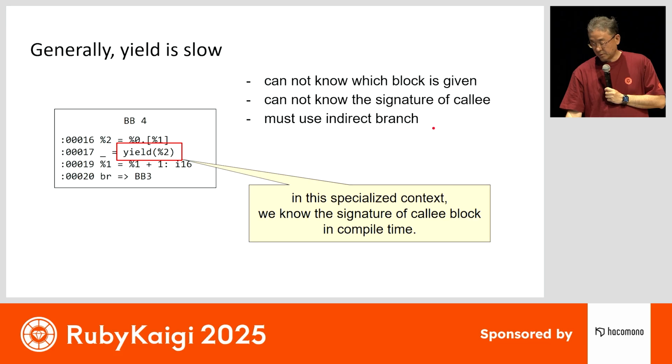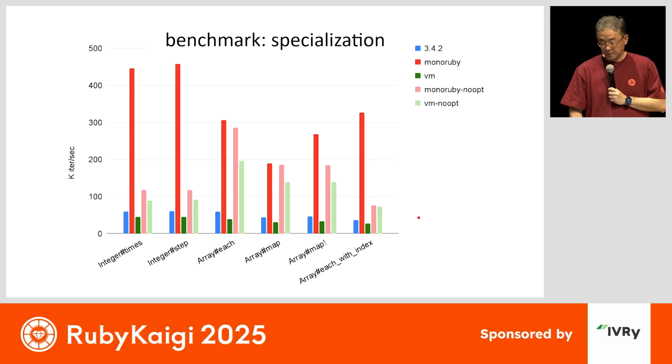And we must use an indirect branch. It hurts the branch predictor of the CPU. But in this specialized context, we know the signature of the callee block at compile time, so we can generate efficient code.